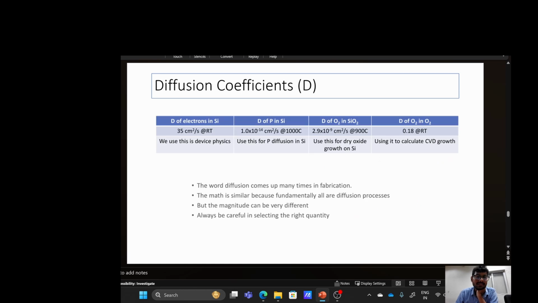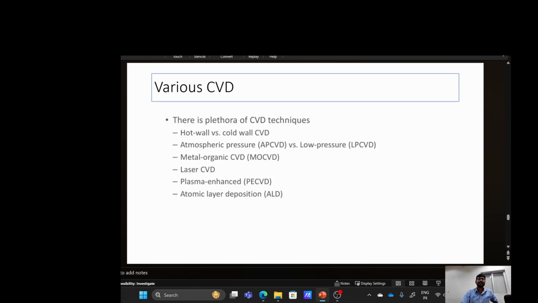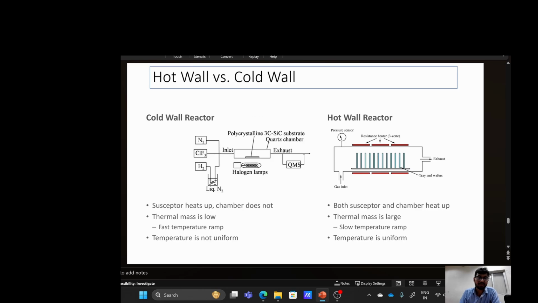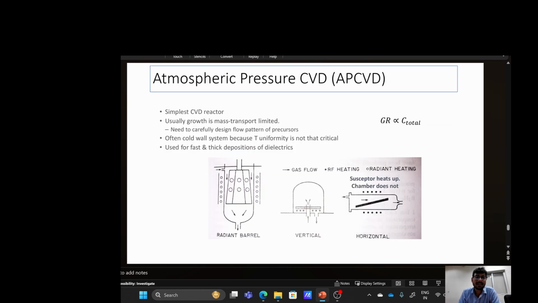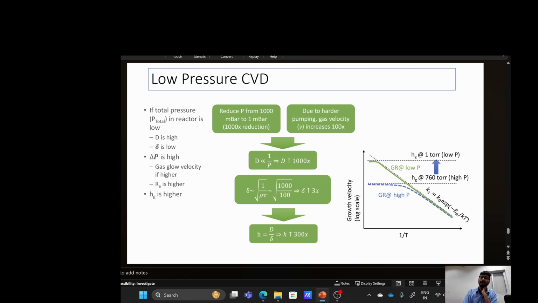There are some things like hot wall CVD, cold wall CVD, and atmospheric CVD. You just have a look at these. These are not that typical. The typical thing is this one only, that I will show you. In low pressure CVD, the range of the temperature is increased, because at lower pressure you can increase this range.